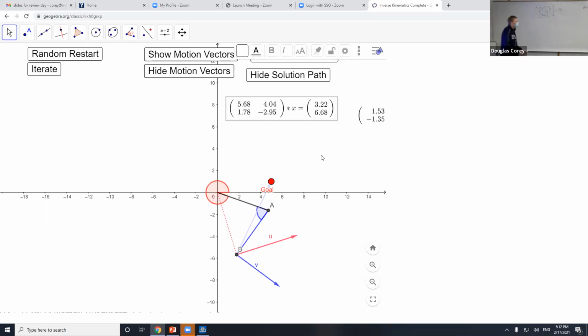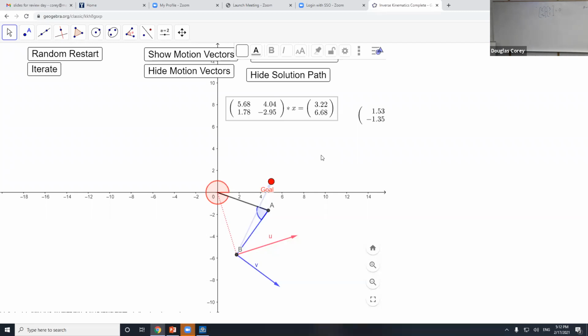Okay? So I need to know how much of each of those. How much of 5.68 and 1.78, and how much of 4.04 and -2.95 do I need to equal this vector? So I have to take the difference from goal.